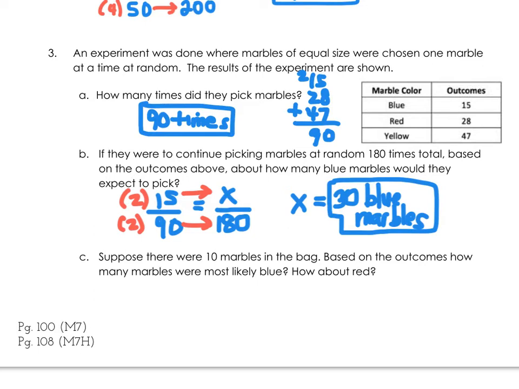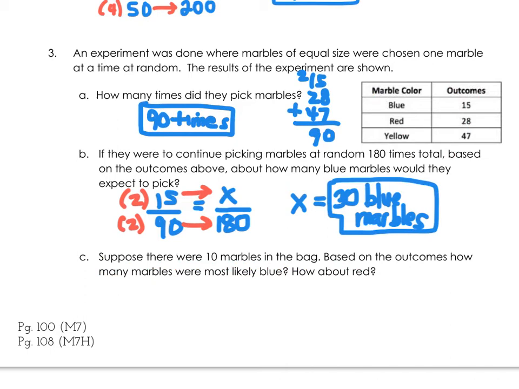Now on part C it says, suppose there were 10 marbles in the bag. Based on the outcomes, how many marbles were most likely blue? How about red? We're going to use our experimental probability again. Remember blue, 15 times out of 90 that blue was picked.